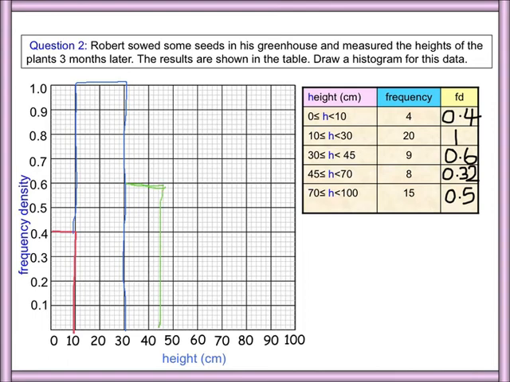And 45 to 70 is 0.32. And then the final bit, 70 to 100, I'm just going to finish that off going over at 0.5. And that's my histogram done.